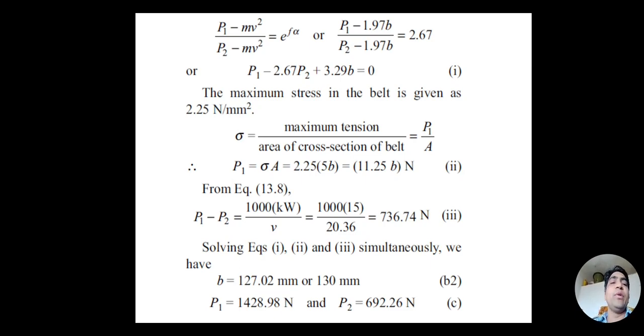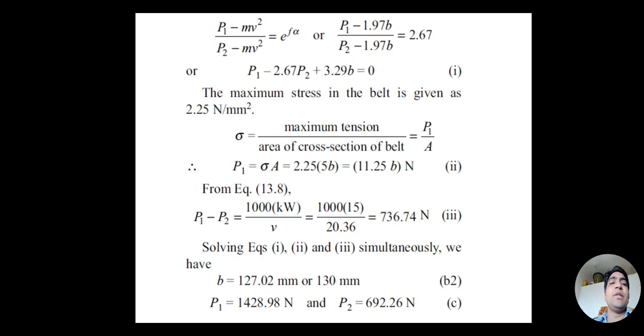Put all these values into this equation, and finally you will get the equation in terms of P1, P2 and b, that is P1 minus 2.67 P2 plus 3.29 b equal to 0.